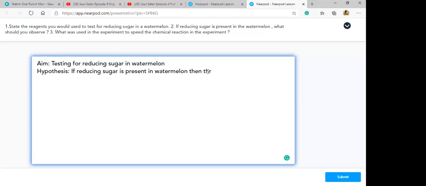Then the solution, then the mixture of Benedict solution and the watermelon. There's a mixture you're going to have there.